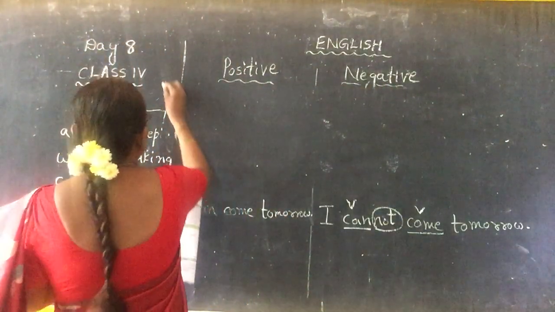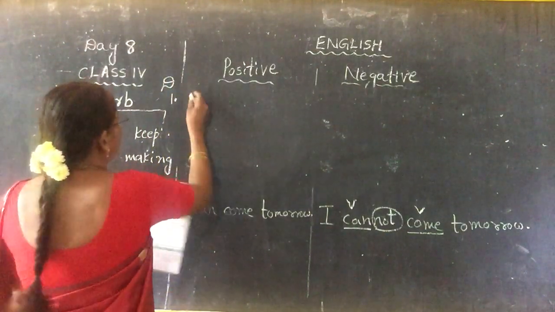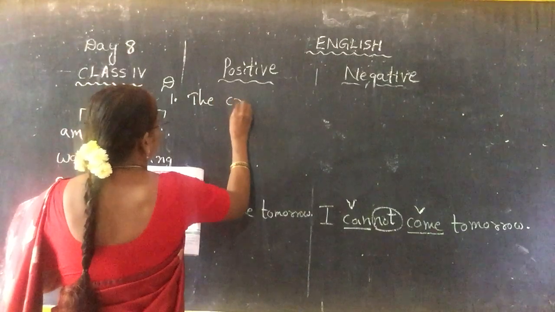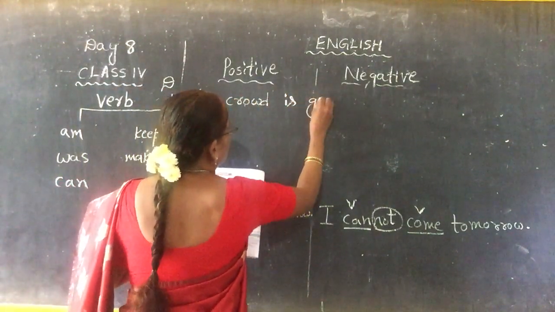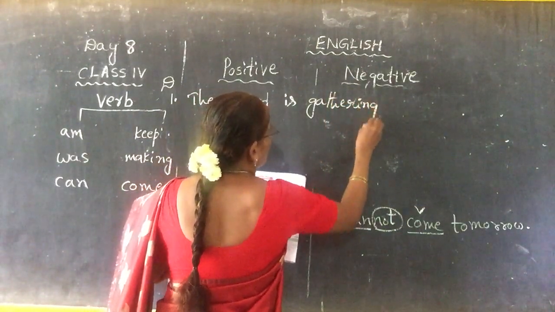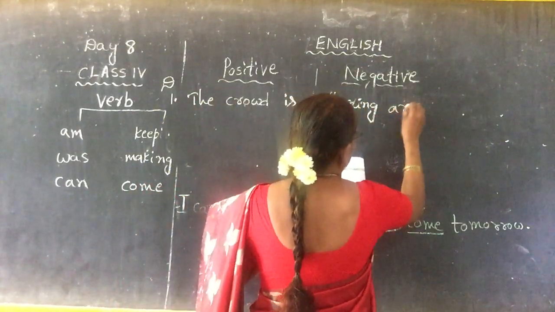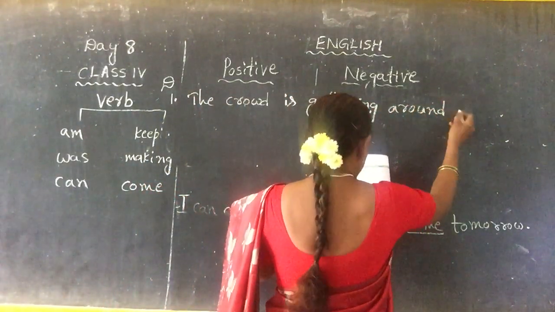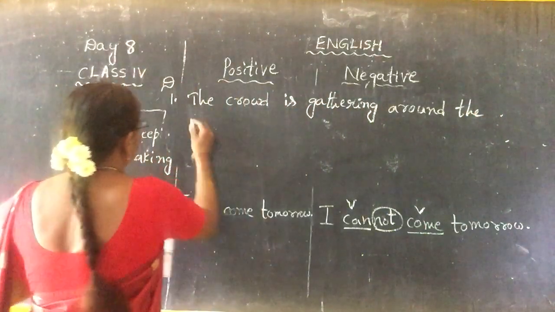How to write? Exercise D, number 1. See here: the crowd is gathering around the performers.